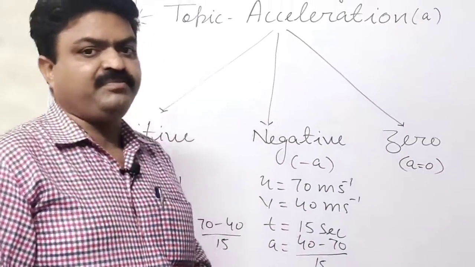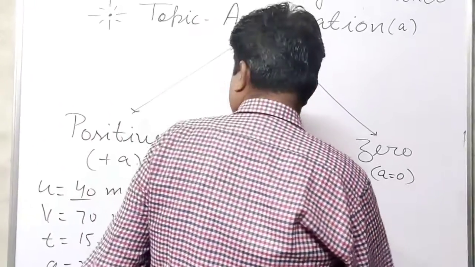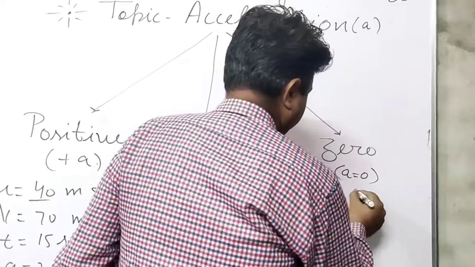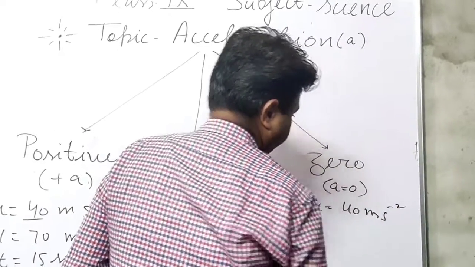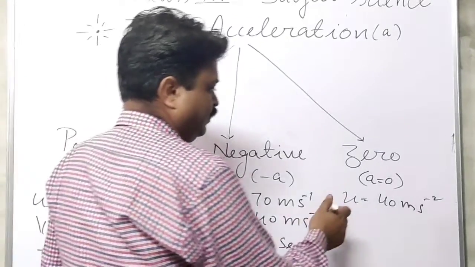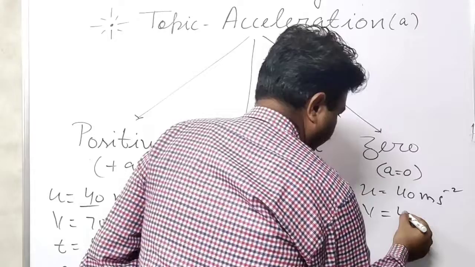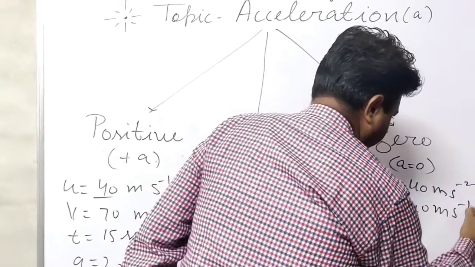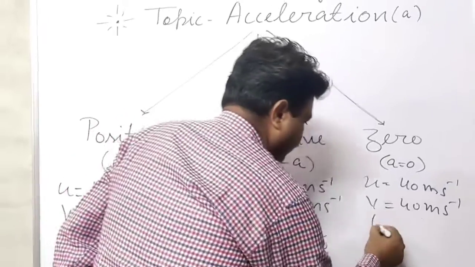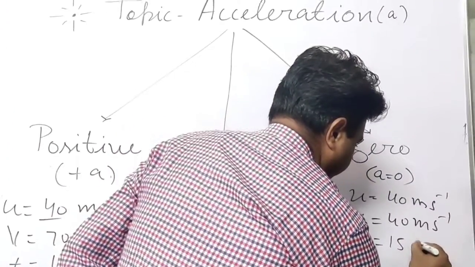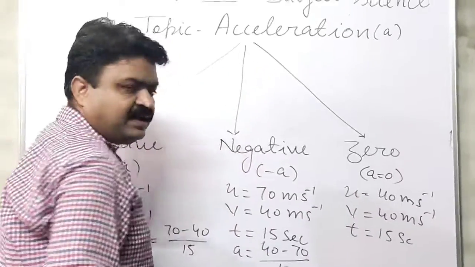Now we come to zero acceleration. Zero acceleration means, student, if the object is moving with 40 meter per second, and the final is also 40 meter per second, and the time is 15 seconds, then the initial and final velocities are equal.